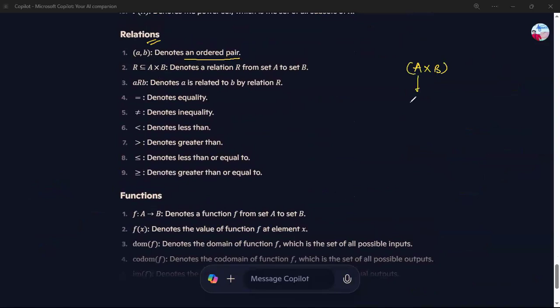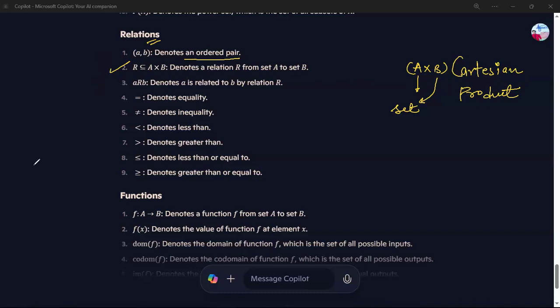A is a set and B is also a set, and the product of two sets is known as the Cartesian product. Okay, and a subset of the Cartesian product of two sets is a relation.